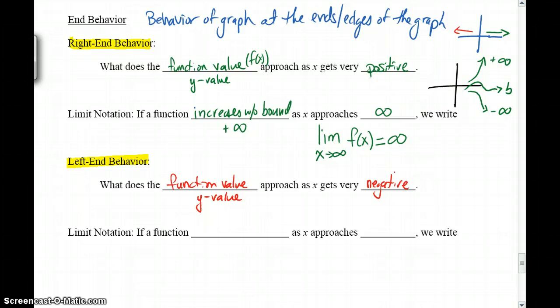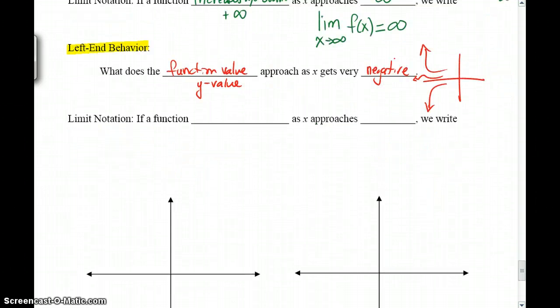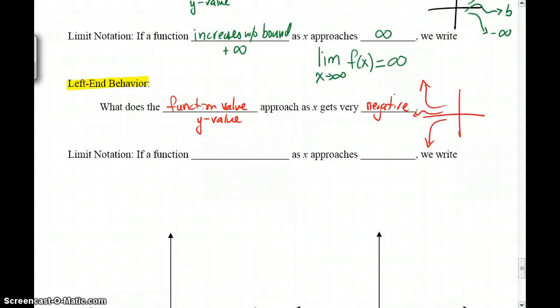These are very large numbers, but they're very negatively large. So we need to talk about what that does. Well, just like before, it could go down, could go up, or it could go to some number in between.